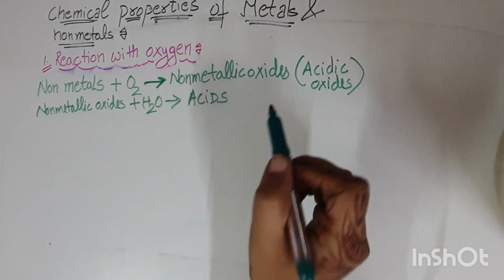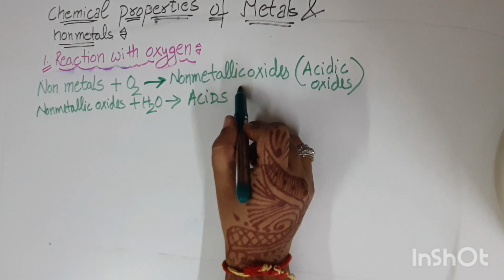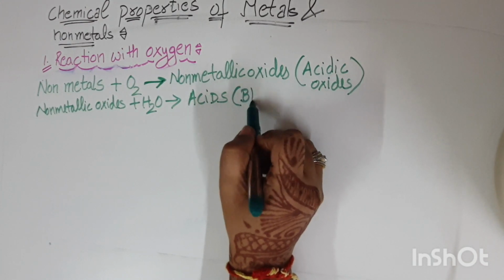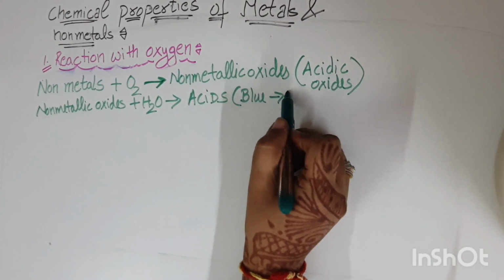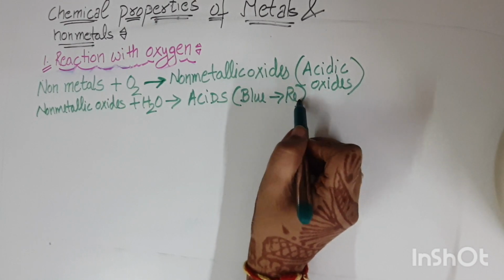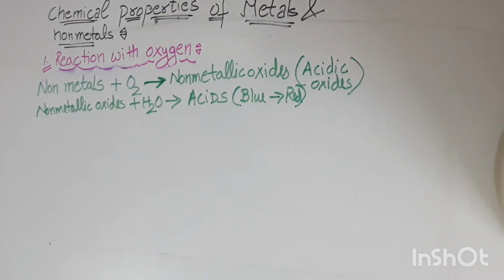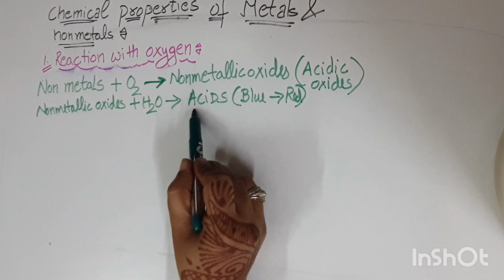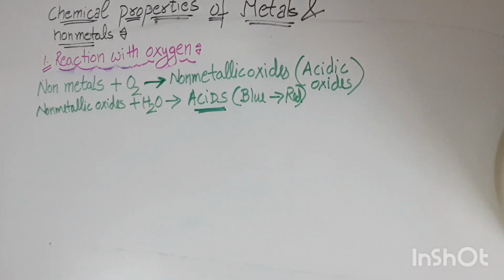And how can you test that these are acids? They will turn blue litmus to red. So whenever a solution turns blue litmus to red, that solution is acidic in nature. That is why we say non-metallic oxides are acidic in nature, or they are acids.